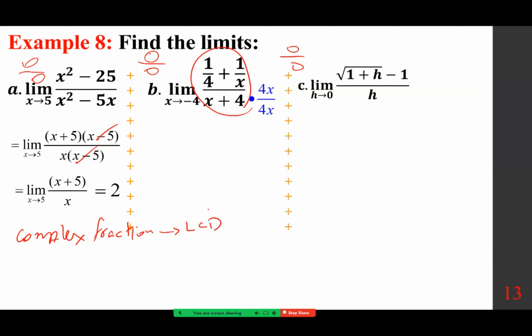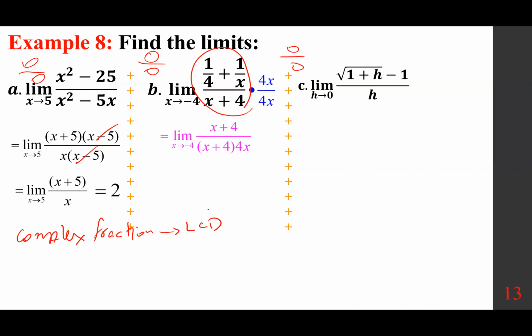Technique is LCD. Multiply the top and the bottom by 4x over 4x. And 4x times 1/4 is 4, times 1 over x is 4. And the denominator, you just write it. These two cancel each other. And if you plug in -4, you get to the answer.